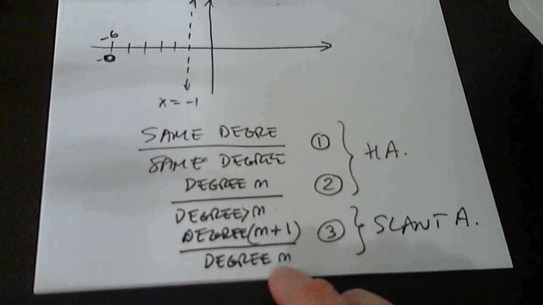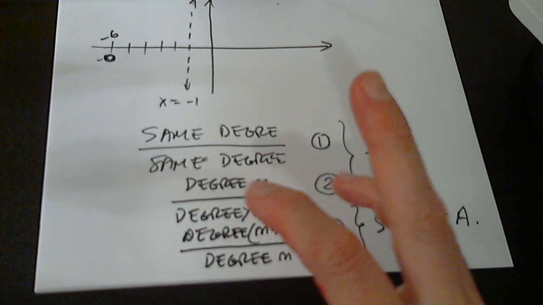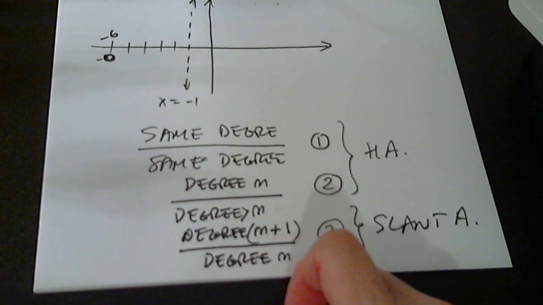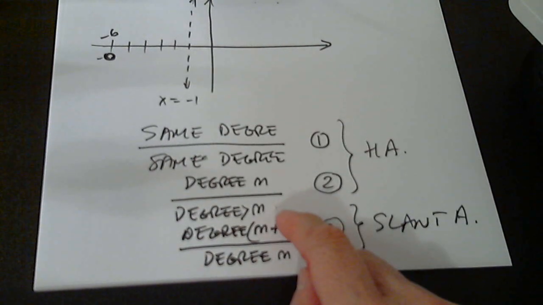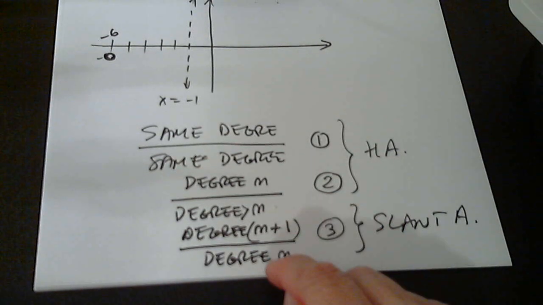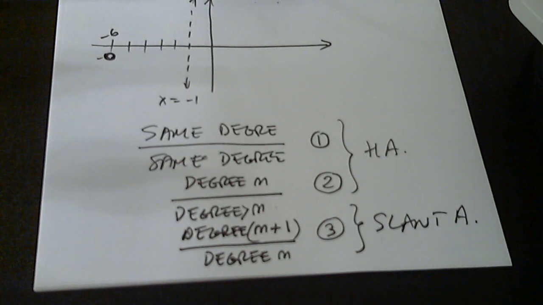Degree n in the denominator and degree exactly n plus 1 in the numerator. So degree 2, degree 3, degree 4, degree 5, degree 1, degree 2, exactly 1 unit higher than the degree in the denominator. That will have a slant asymptote.